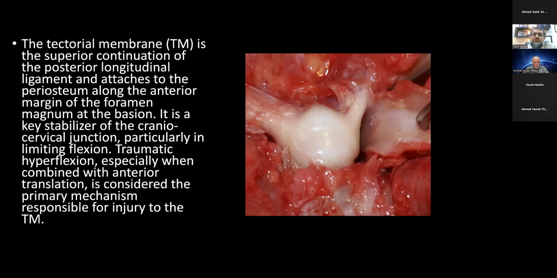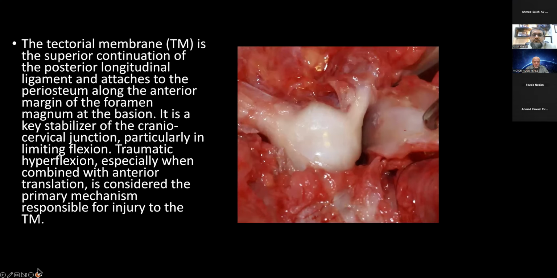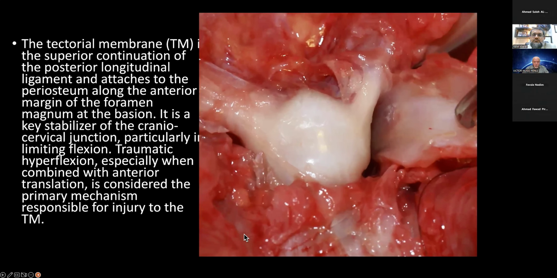Traumatic hyperflexion, especially when combined with anterior translation, is considered the primary mechanism responsible for injury to this membrane. Tectorial membrane. Dens, apical, the alar ligaments.